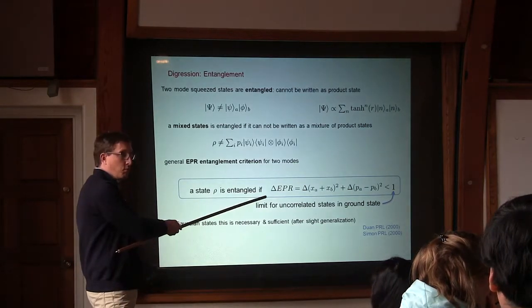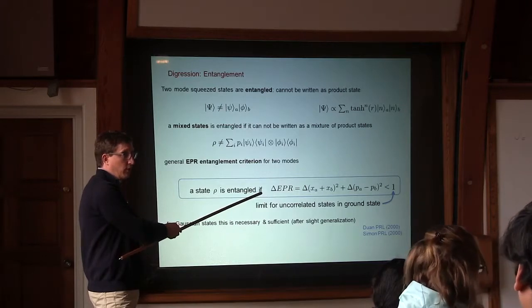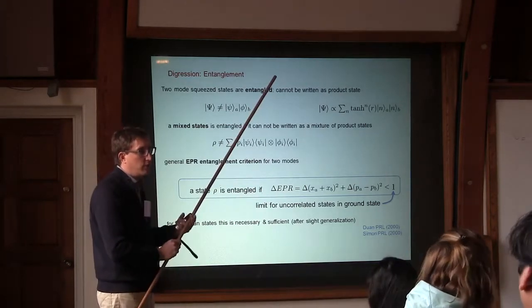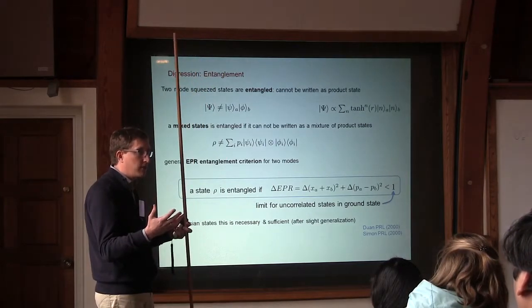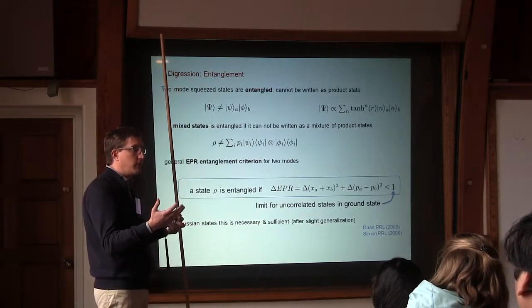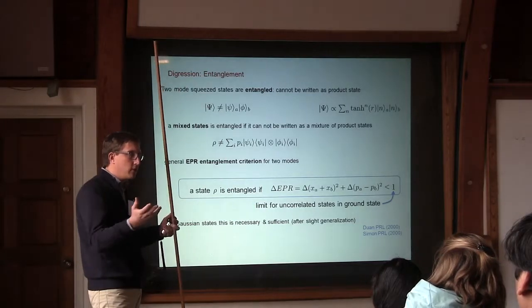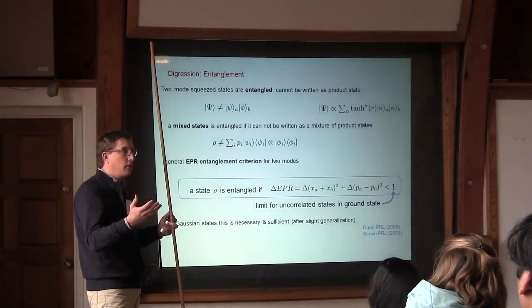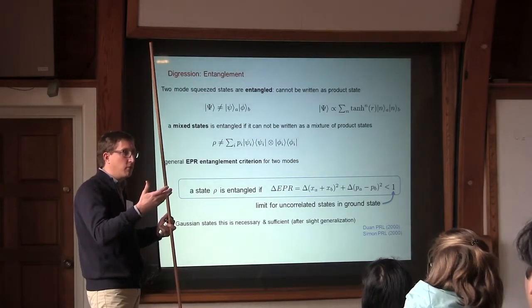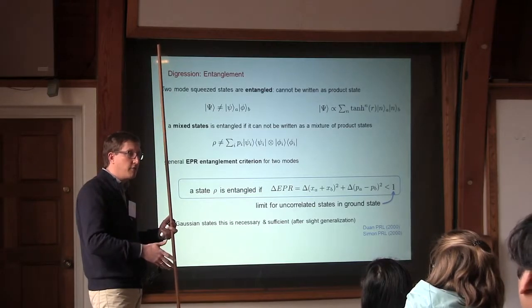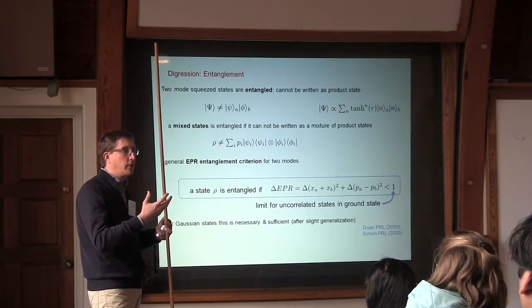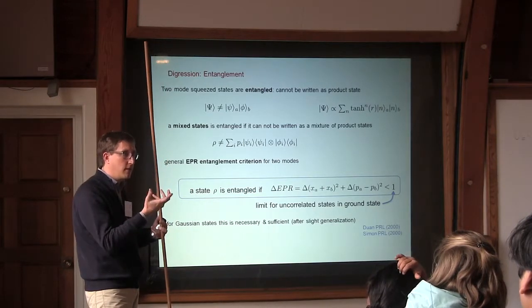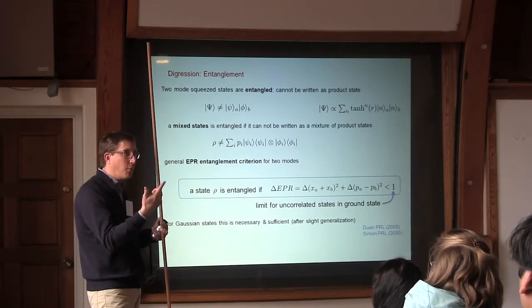So this refers to two bosonic modes, and the spin squeezing, of course, is for a collection of spins. The question there is, given a collection of two-level systems, and you make some statements about polarization of the collective spin and squeezing or variances of some transverse spin components, what can you say about the multipartite entanglement within this ensemble?